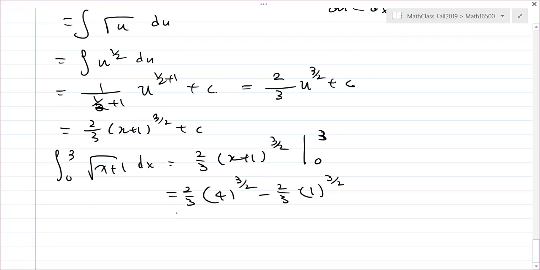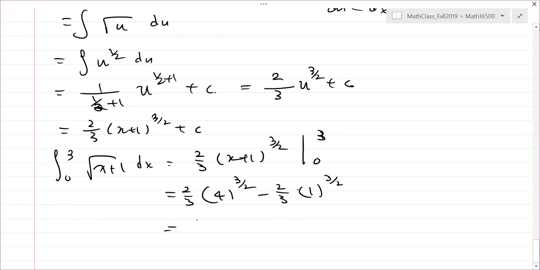Then you simplify it. I think the 2 over 3 should be taken out. Now, what is this? 8 minus 1, which is 7. So 14 over 3 is the answer.